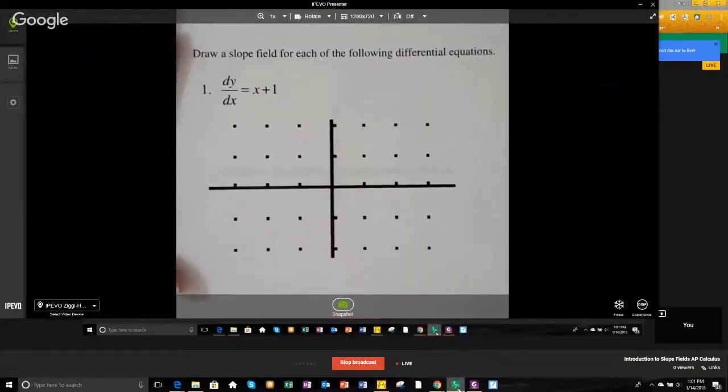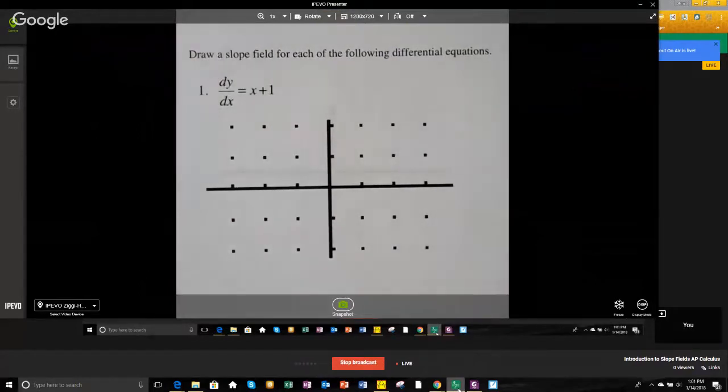All right. This is Introduction to Slope Fields. And what we're going to do is create a field of slopes. We study slope fields because when we're solving differential equations, sometimes you can't integrate every differential equation and come up with a solution for y equals.